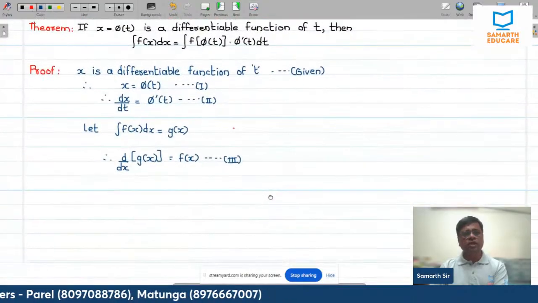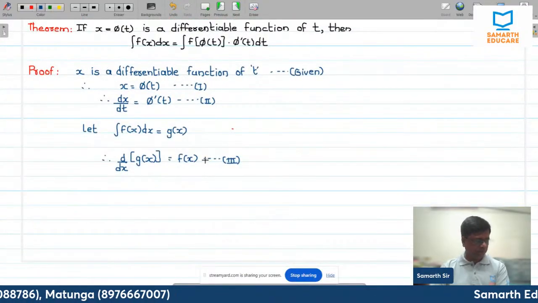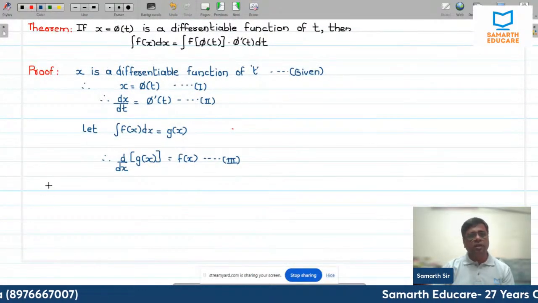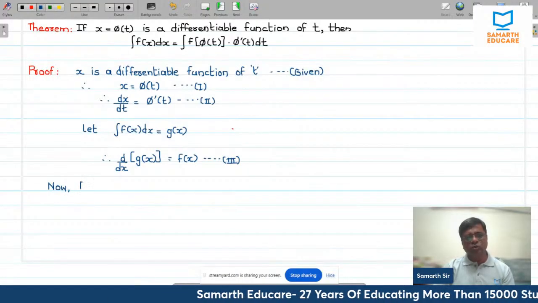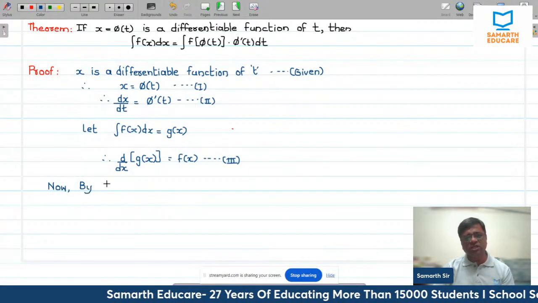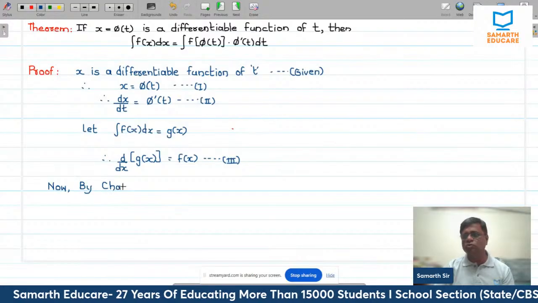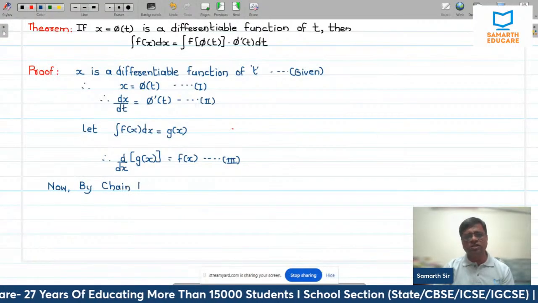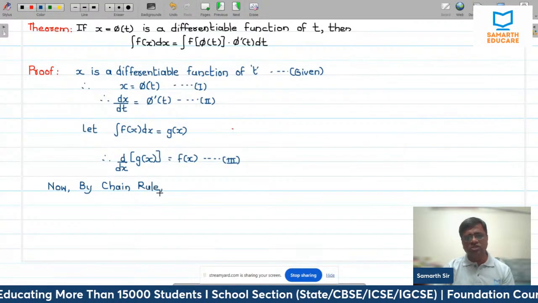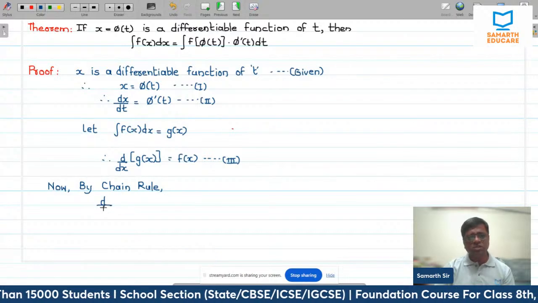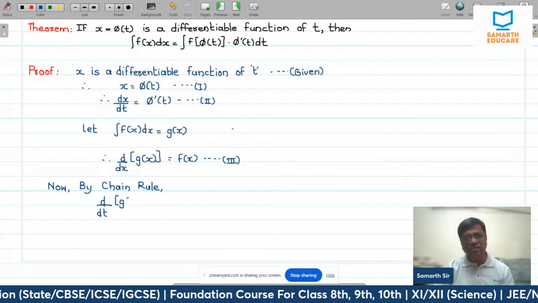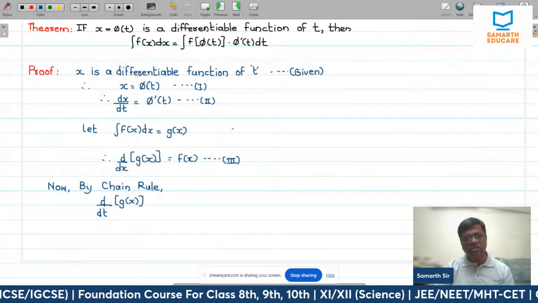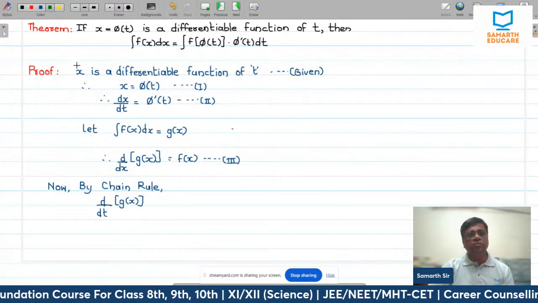Okay, now let's come to the next part, that is the important part of the theorem. Now, by chain rule, that means when we talk about composite functions, we call it the chain rule, that we studied in derivatives. By chain rule, if I'm finding the derivative of g of x, but with respect to t this time, this is very important.